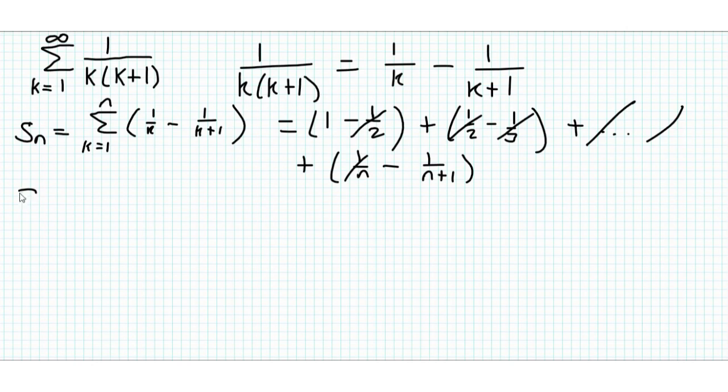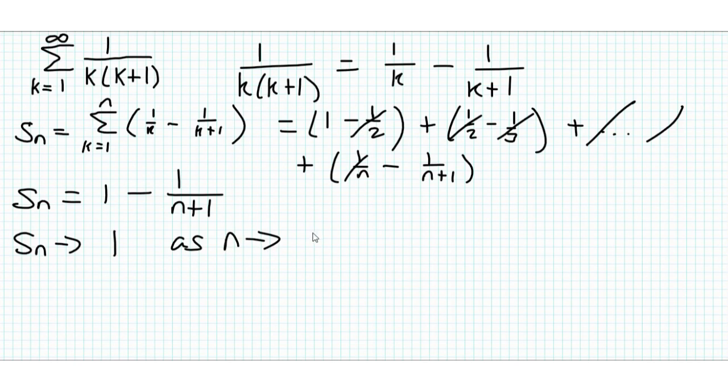So the partial sum Sn for all n is equal to 1 minus 1 over n plus 1, and Sn clearly tends to 1 as n tends to infinity, because this 1 over n plus 1 tends to 0.